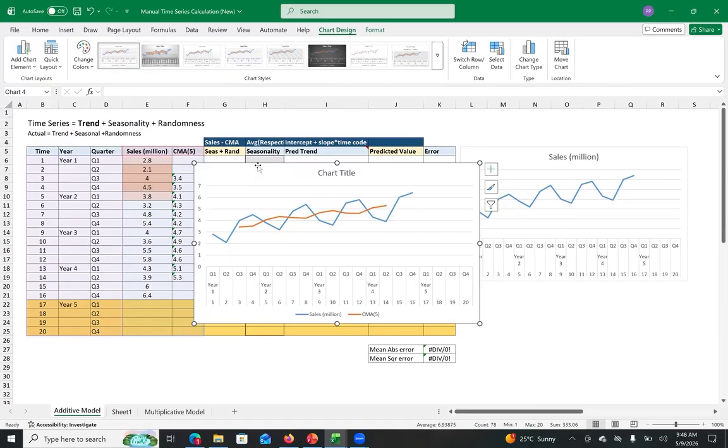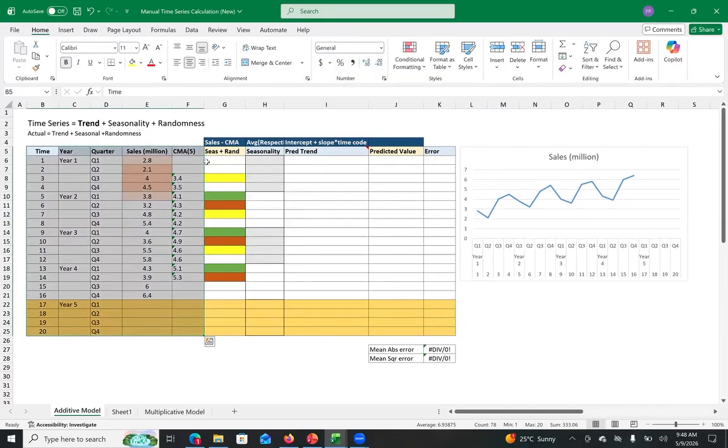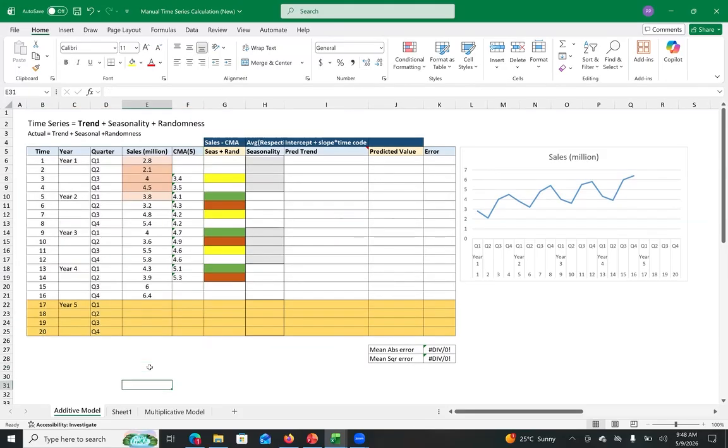Now the next component is the seasonal. I'm assuming here the time series that we have is an additive time series, which means the sales value that I have is nothing but the trend component plus the seasonality component plus the random component, right?